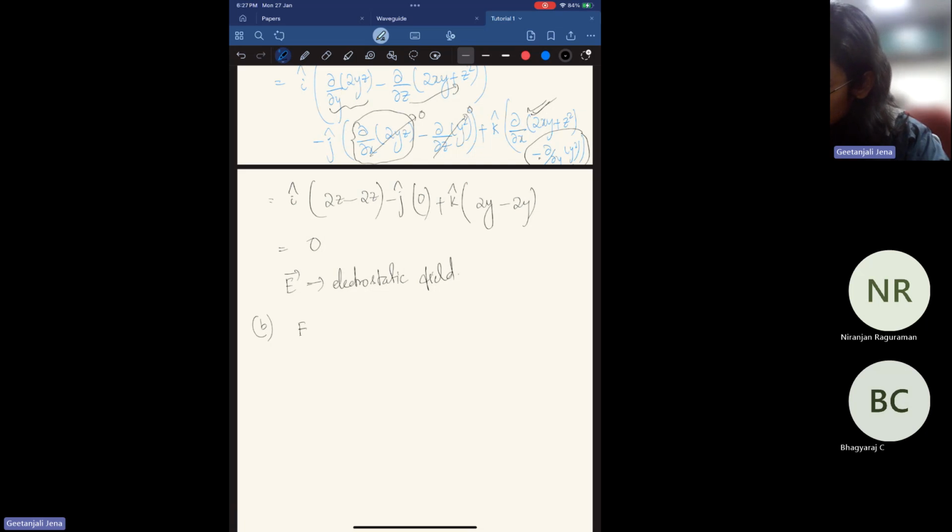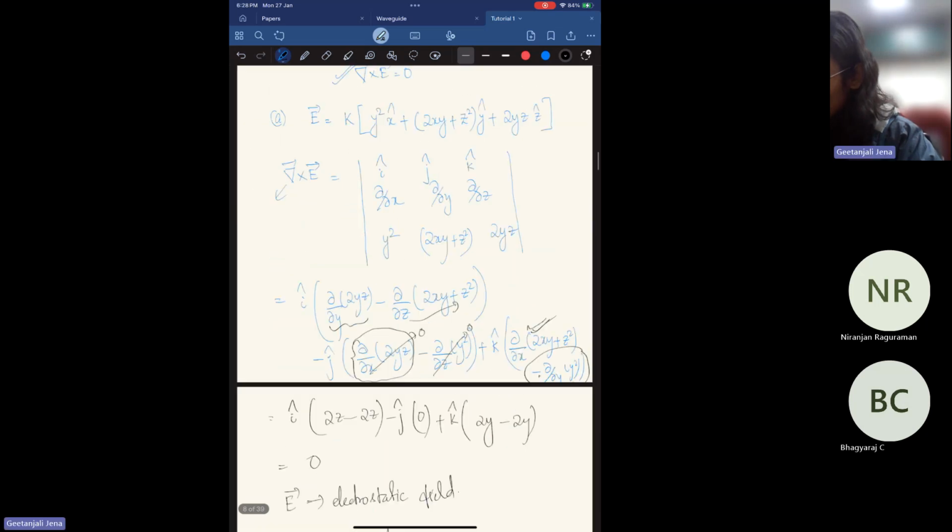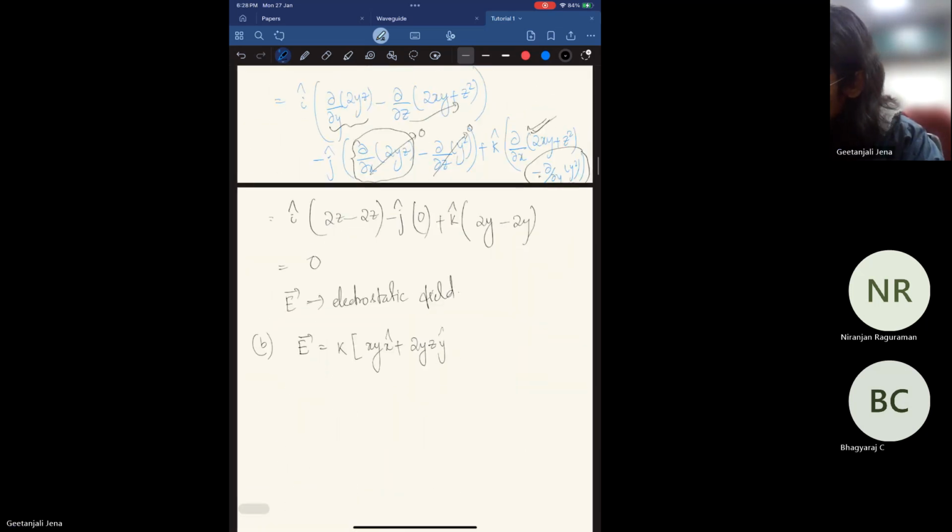E is a times xy x cap plus 2yz y cap plus 3xz z cap.